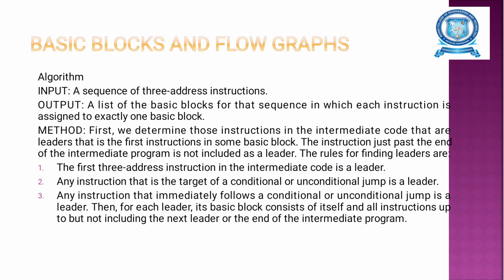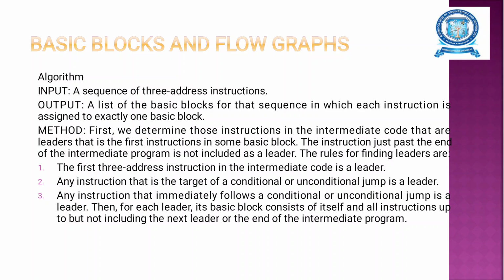The method is, first, we determine those instructions in the intermediate code that are leaders, that is, the first instruction in some basic block. The instruction just past the end of the intermediate program is not included as a leader.